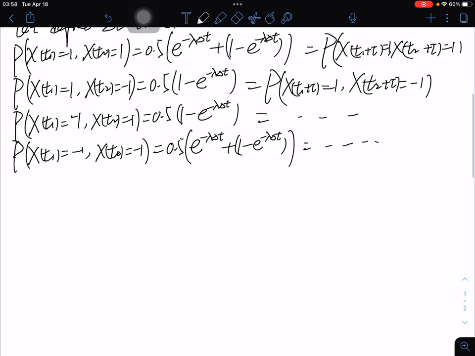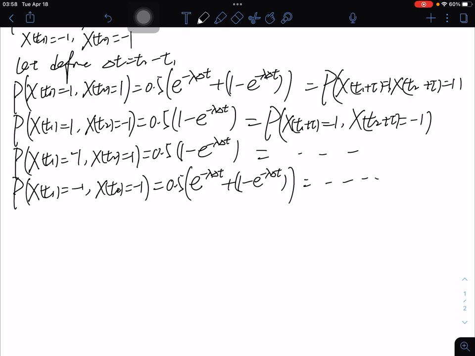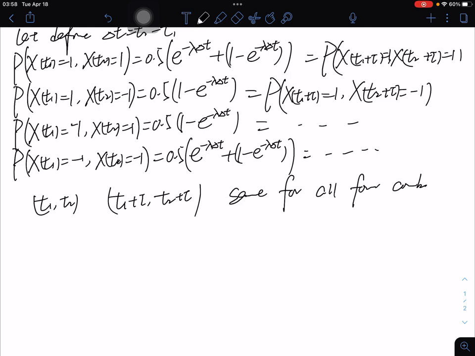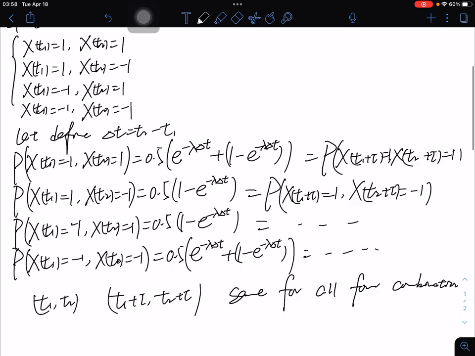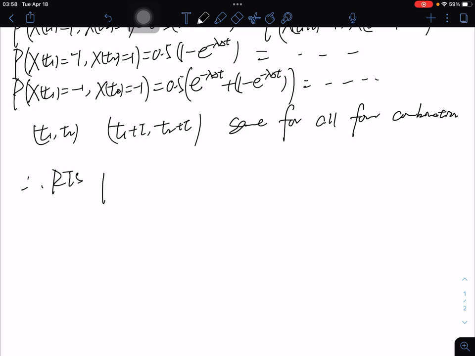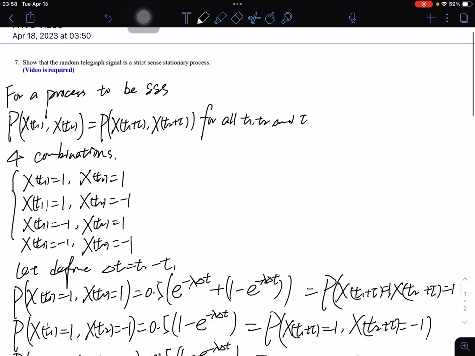So, as an equality, we can see that the joint probability distributions at the time instances t1, t2 and t1 plus psi, t2 plus psi are the same for all four combinations. Therefore, we can conclude that the RTS process is an SSS process.